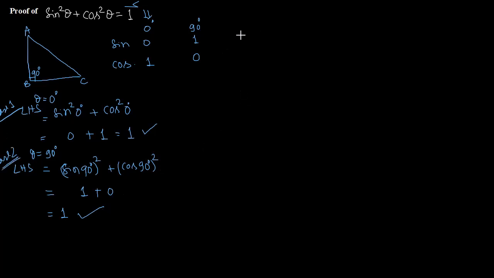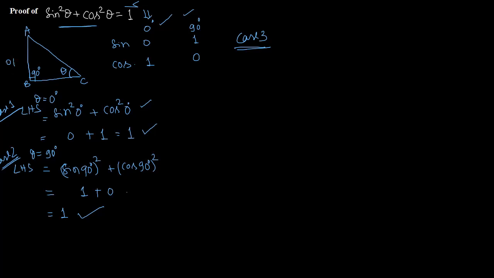Now let's look into case 3. We knew the values here, we were able to substitute and prove that particular identity. If theta is an acute angle, here we had taken only 0 and 90 straight away, so let's take C as 90. I'm going to consider angle C as 90. So I need to write the names of the sides.